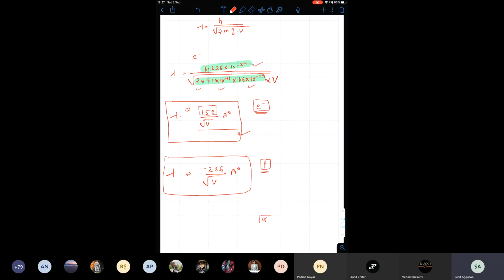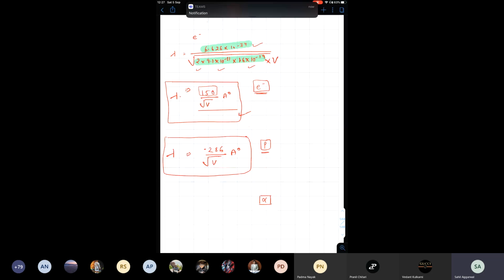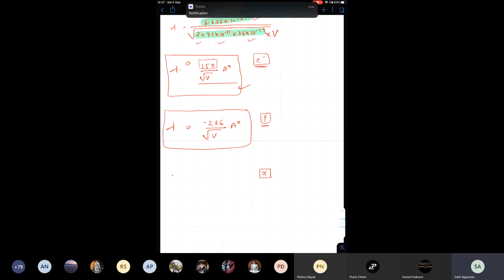If I go for alpha particle, what will change? Mass, and charge also will change. Helium has +2 charge. Proton has +1 charge, right?